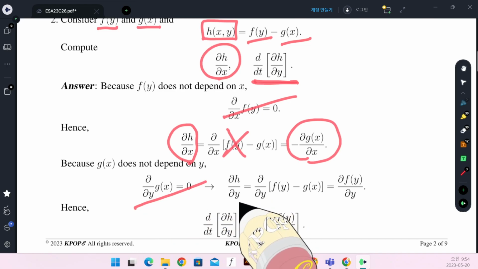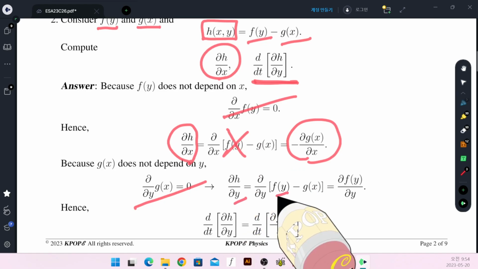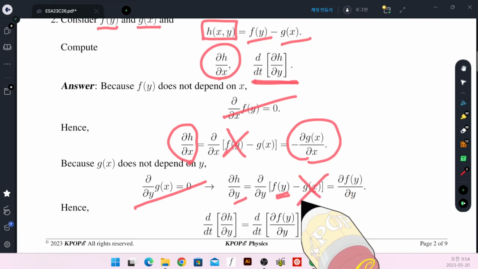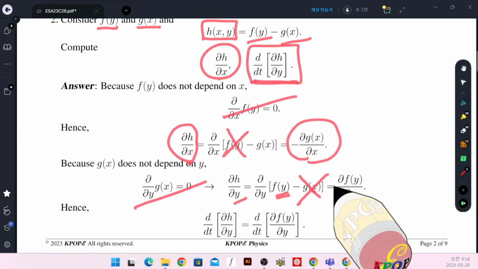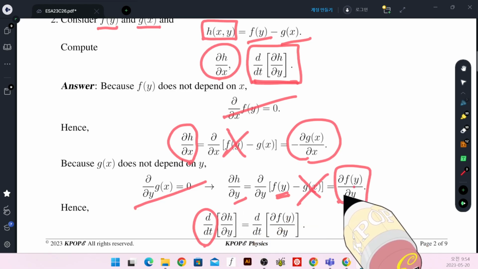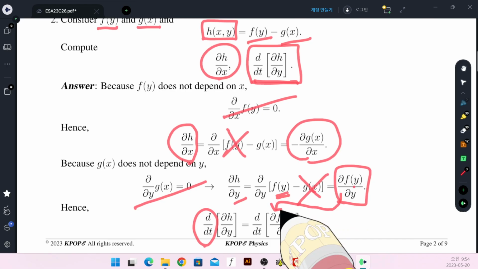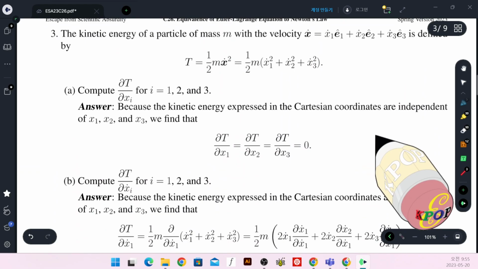If I take the partial derivative of h with respect to y, only this contribution survives, and the other vanishes. If I want to compute the total time derivative of this, then we make an additional total time derivative. And we know this is nothing but this. We can substitute this.